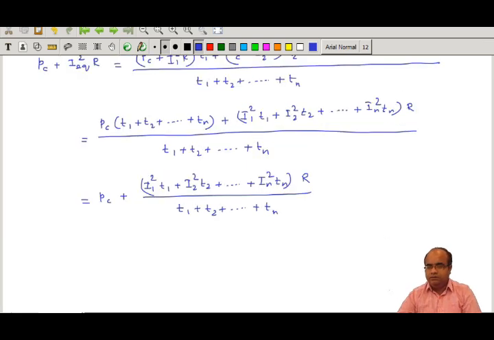Now if I compare the left hand side and right hand side of the equation, PC will be cancelled out, then R will be cancelled out.